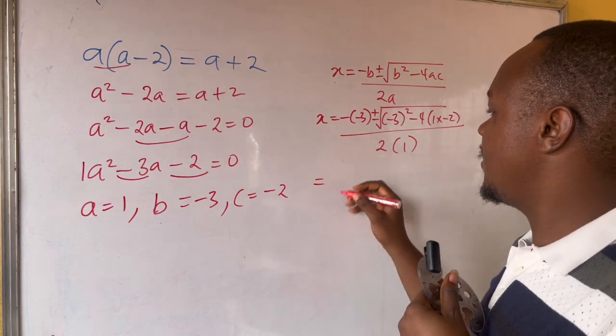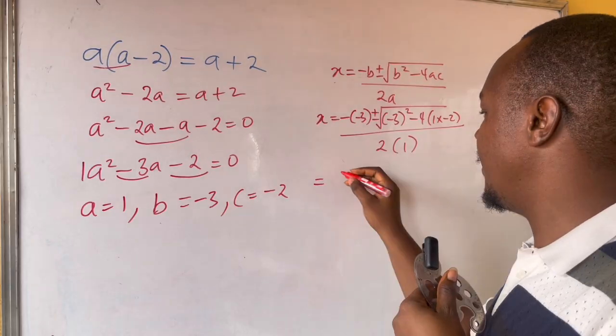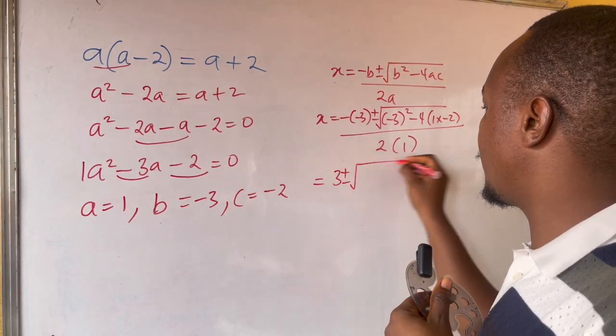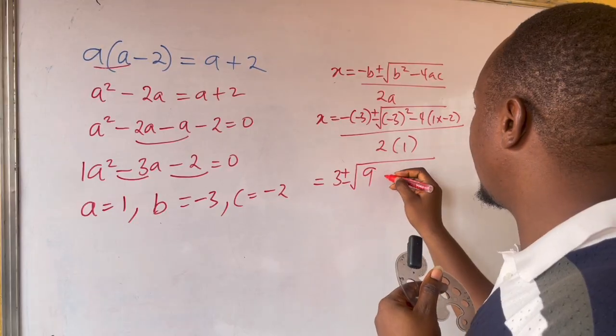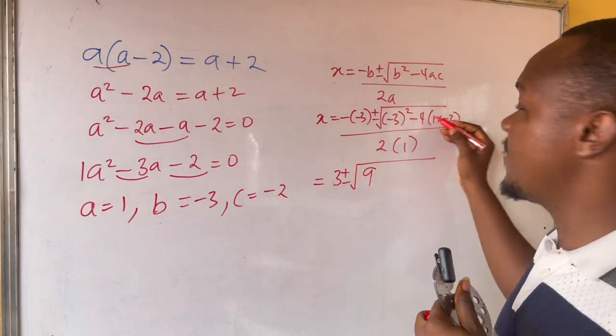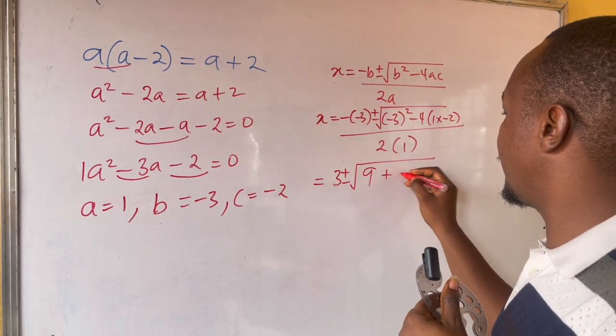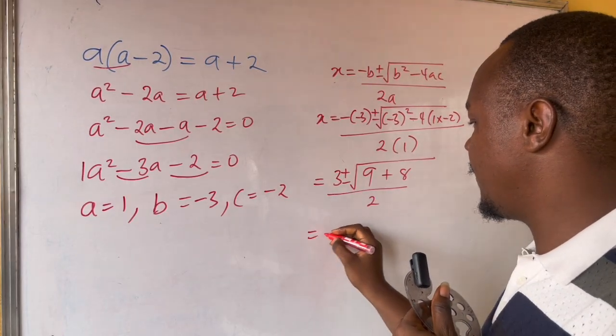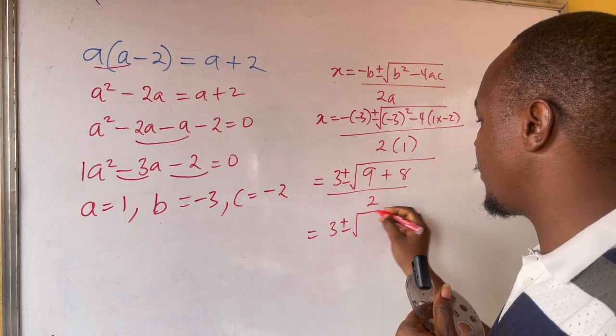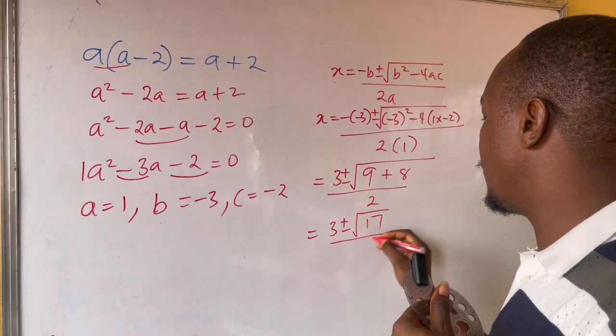So minus minus 3 gives you plus 3 here, plus or minus the square root of minus 3 squared, which is 9. Then careful here, minus times minus is plus.